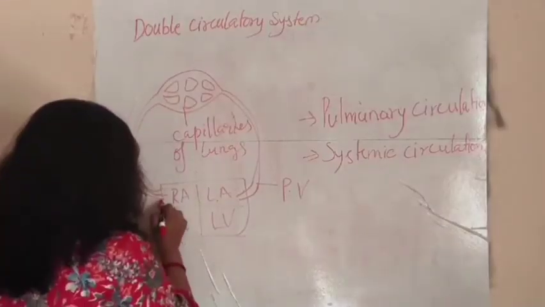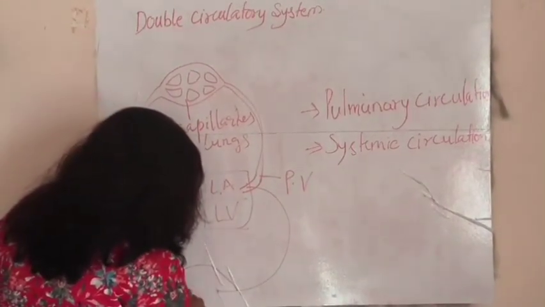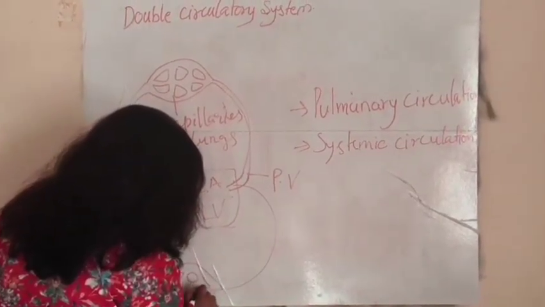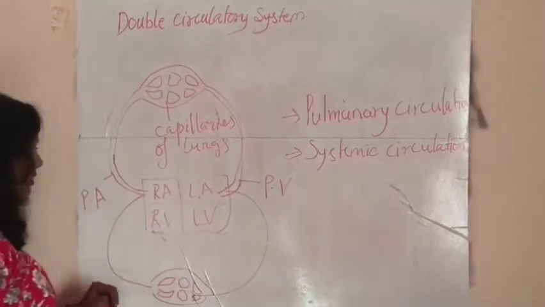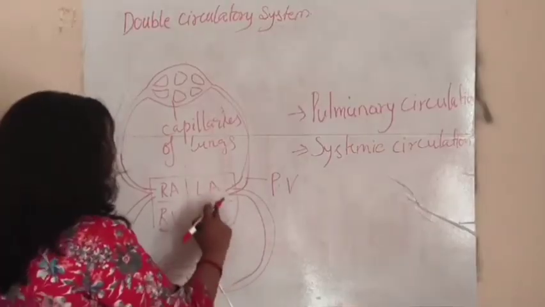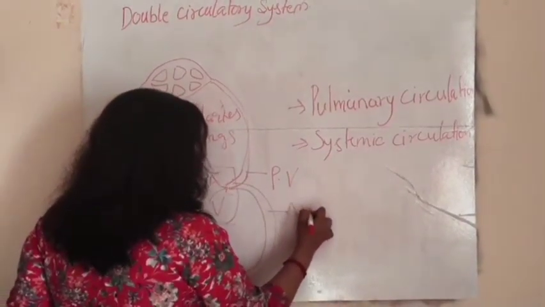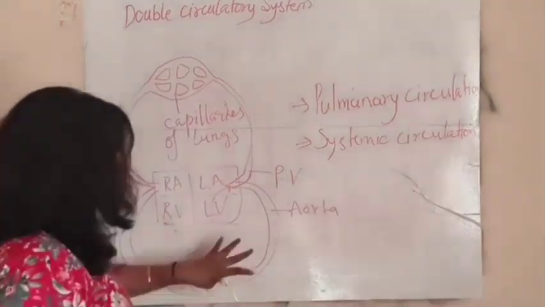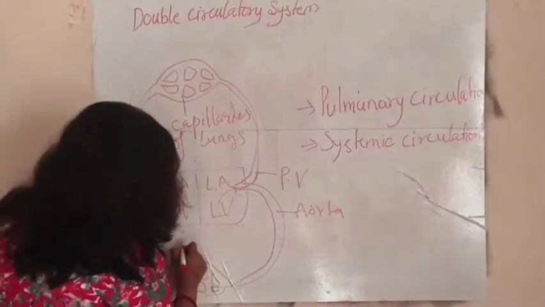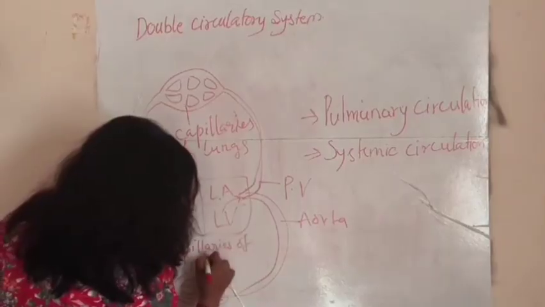Now the second one is the circulation that is going through the body. We know that the oxygenated blood is pumped by the left ventricle through the aorta throughout the body, and these are capillaries throughout the body. So we are going to call them capillaries of body.